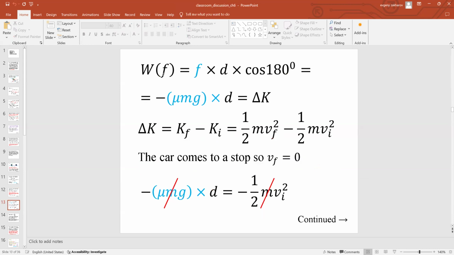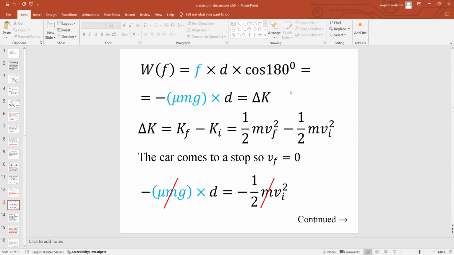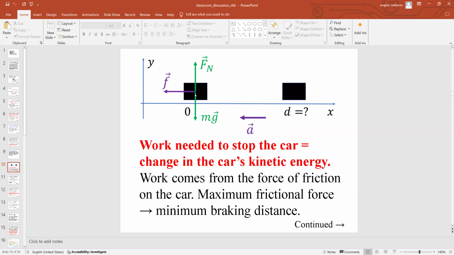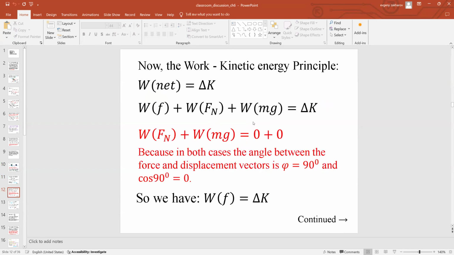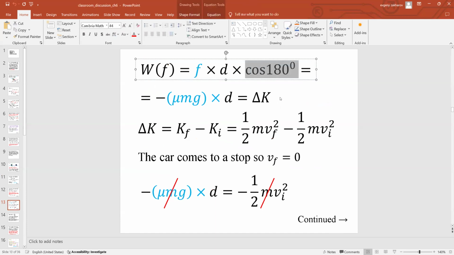And how do we calculate work? It's the force, displacement, and the cosine of angle between the two vectors. Force of friction is one way, displacement is opposite. So what's the angle between friction and displacement? It's 180 degrees. Displacement is to the right, friction is to the left. So it is cosine of 180 degrees, which makes it a -1. So it's a negative.